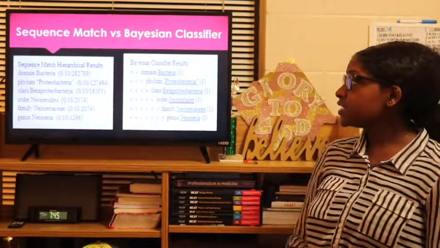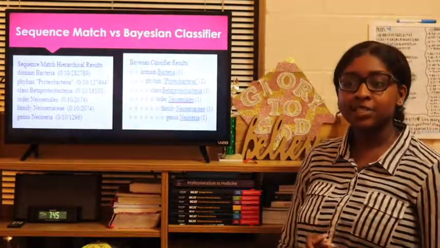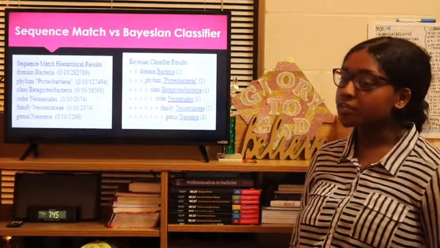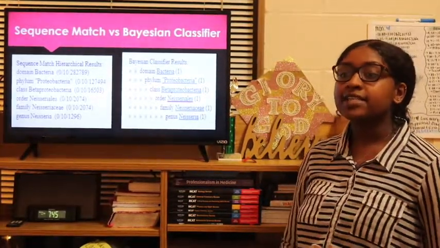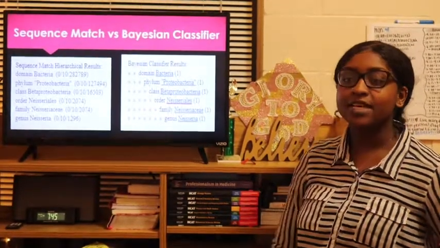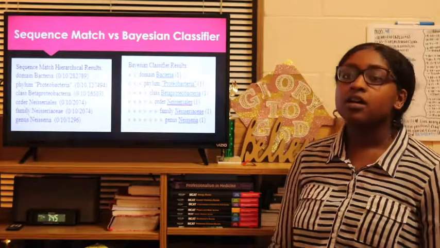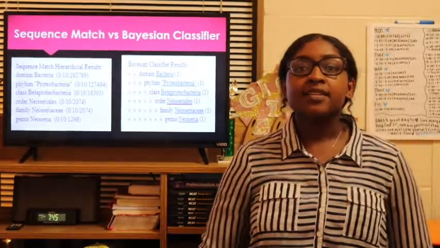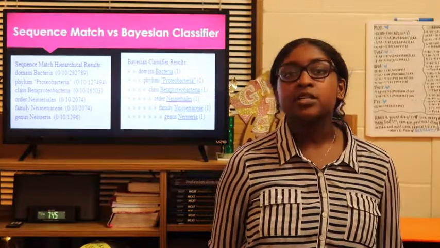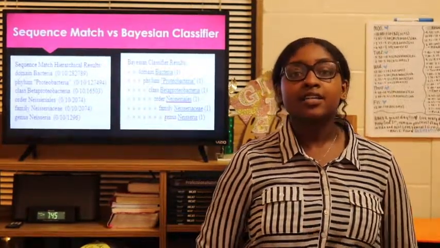Sequence Match and Bayesian classifier both have domain Bacteria, phylum Proteobacteria, class Betaproteobacteria, order Neisseriales, family Neisseriaceae, and genus Neisseria. Although they were both the same, these results might have differed because these are two different programs trying to classify DNA sequences.